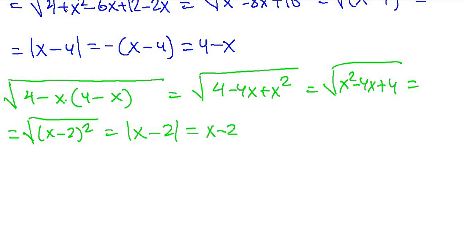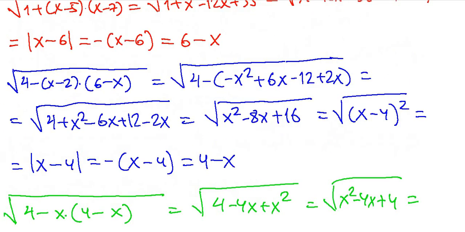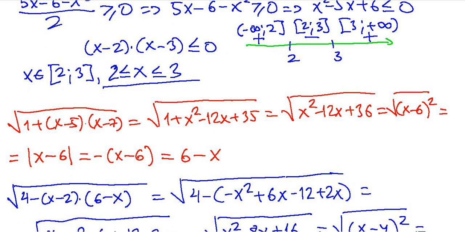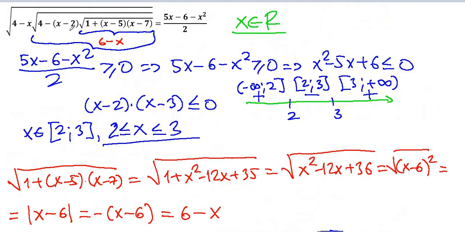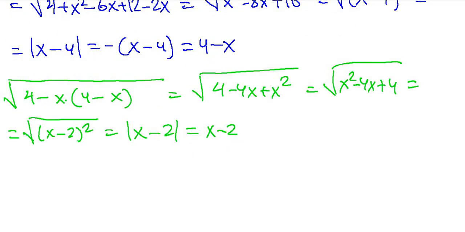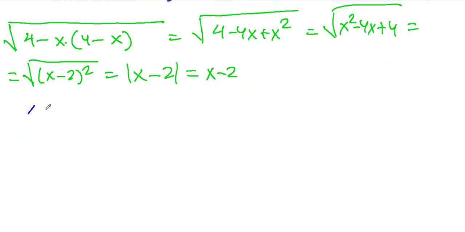And finally, we see that in the original equation the left hand side is equal to x minus 2, and so therefore our simplified new equation is x minus 2 is equal to (5x minus 6 minus x squared) divided by 2.